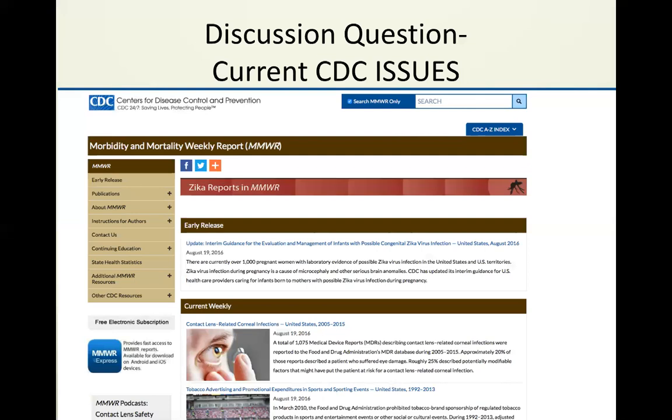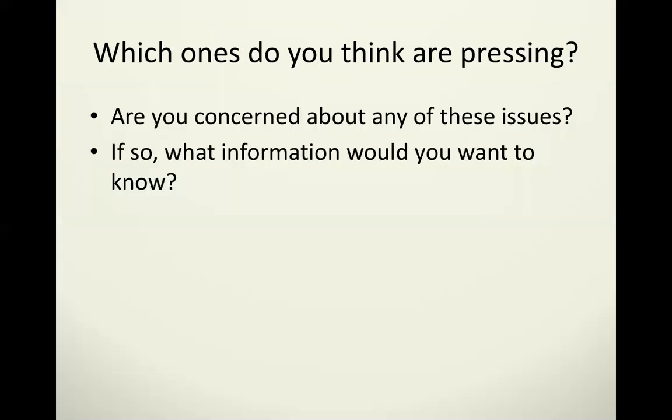Then it was picked up by the New York Times and by newspapers, and the word got out. So MMWR is where diseases are reported and put out to the whole United States so we can start to see what the trends are. So take a look at that website.